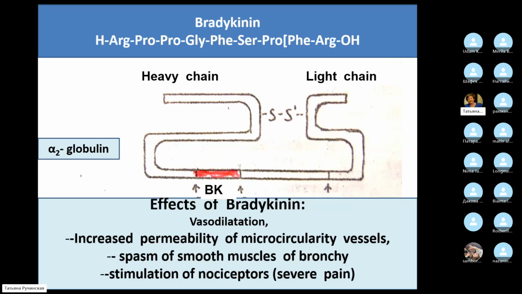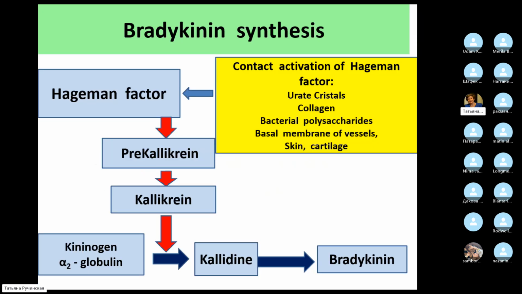This piece consists of 10 amino acids. After one amino acid is removed from this, bradykinin appears, which consists of 9 amino acids.